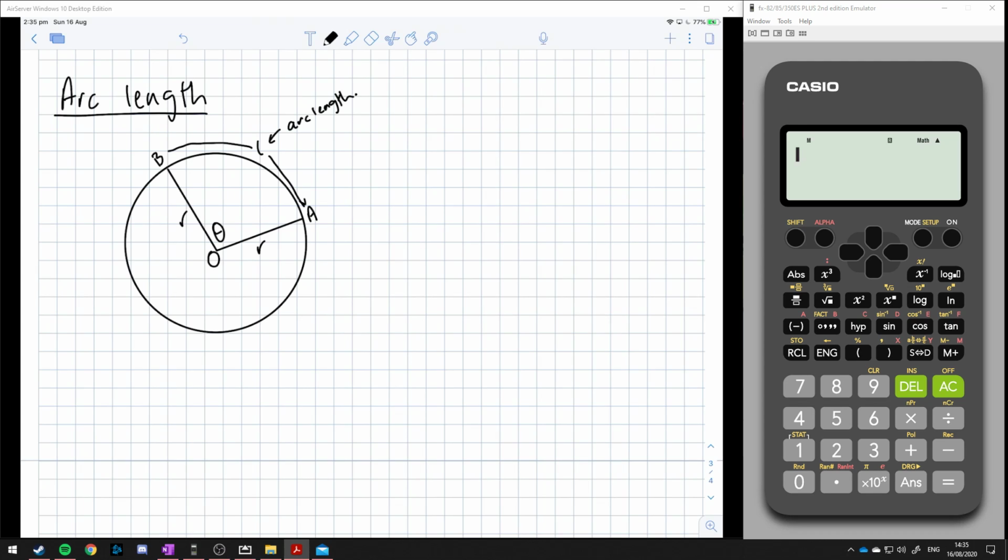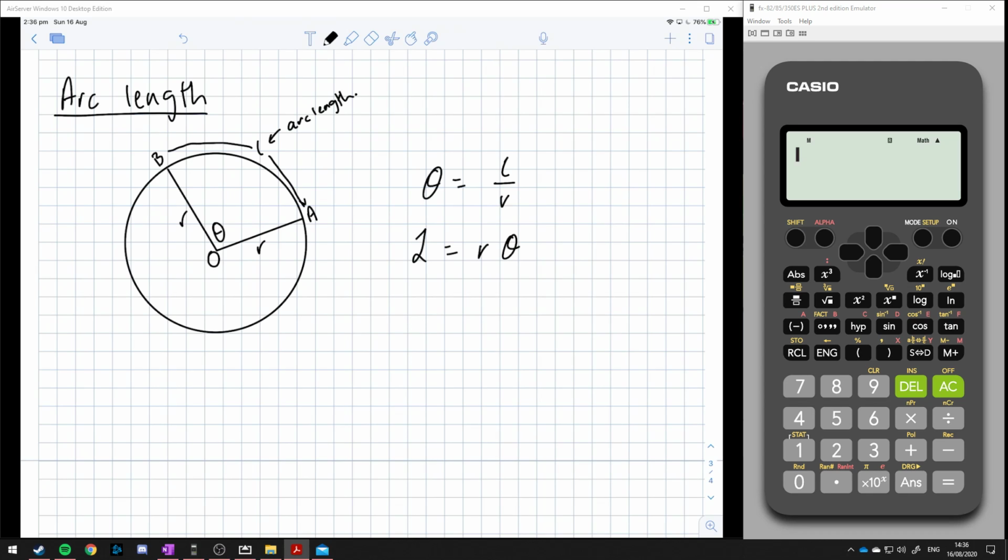Now, we're going to be using the definition of angle size in radians. That is that theta is equal to the arc length on the radius. And so that just means that the length of the arc is equal to the radius times the angle, which makes sense if you think about it, because whatever the angle is, we just multiply it by the radius, and that gives you a fraction of your circumference.